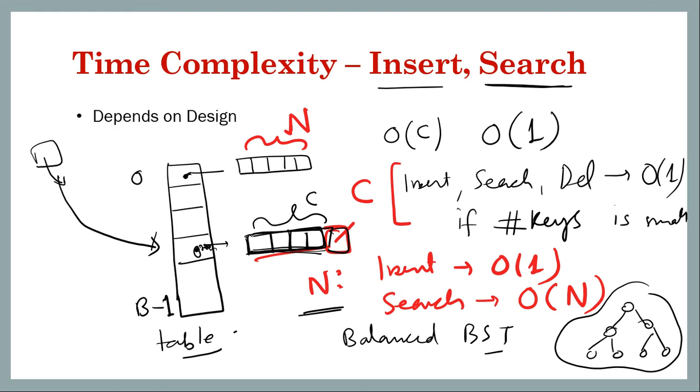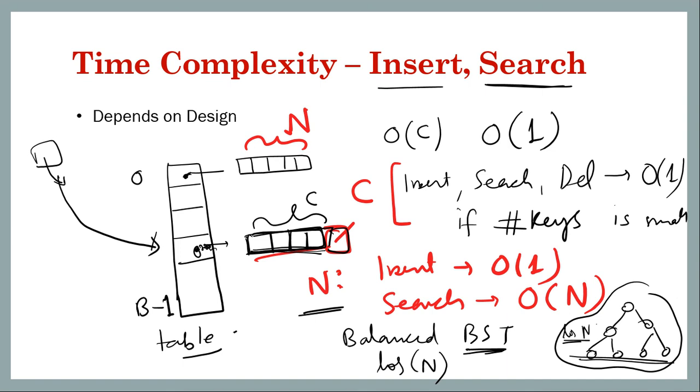So again insertion and search both will take log of n time in this case, because even if you have to insert, it's a balanced binary search tree, so you have to maintain the search property. So in the worst case, it will take log n time. You may have to go all the way to the bottom level, that is log nth level, and insert the key there. And similarly, search will take O of log n in the worst case.